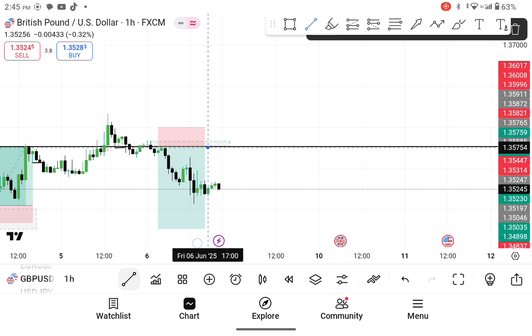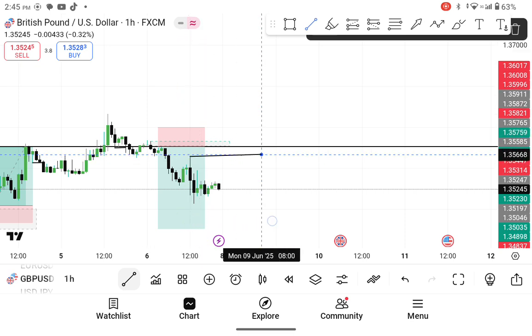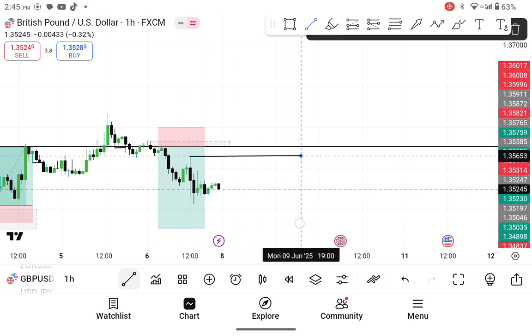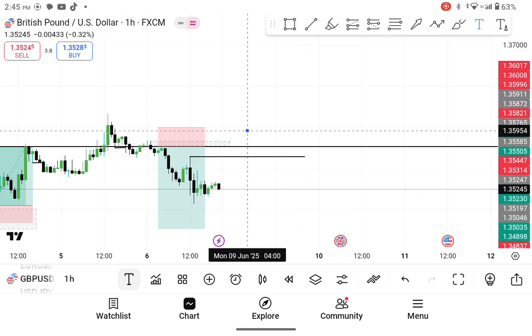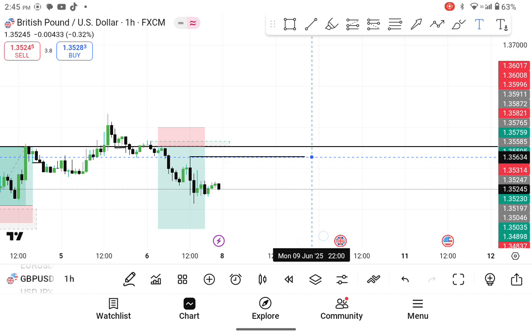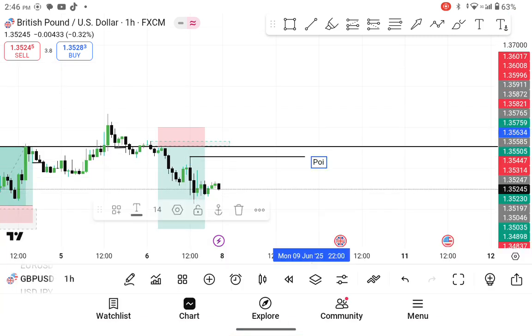So now I'll be looking at this area to be my next key level, where I want to see what price will do when it comes here. I want to see my price reaction at this level. This will be my POI, my point of interest.